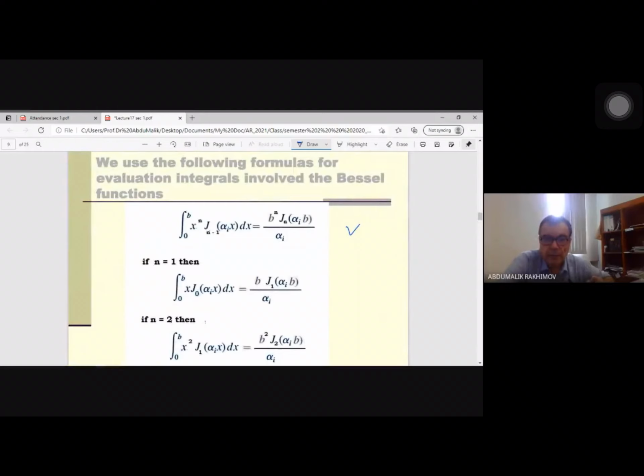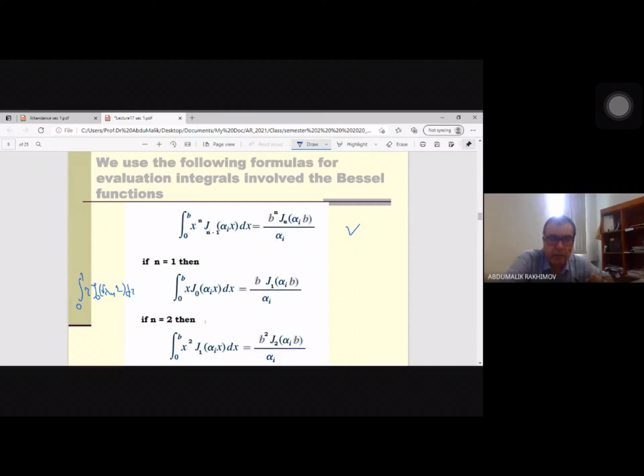Exactly this formula. Our integral was the integral from 0 to 1 of r J0(root lambda n r) dr, so it's exactly this formula. Here the variable is x, here it is r, it doesn't matter. So what is the result?